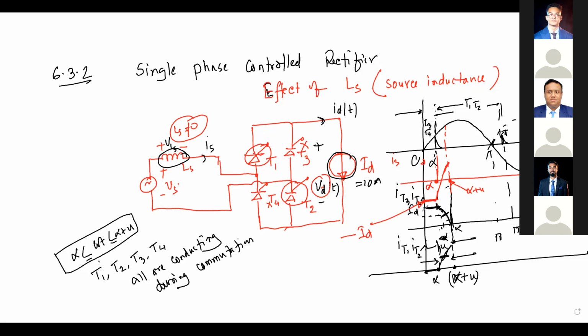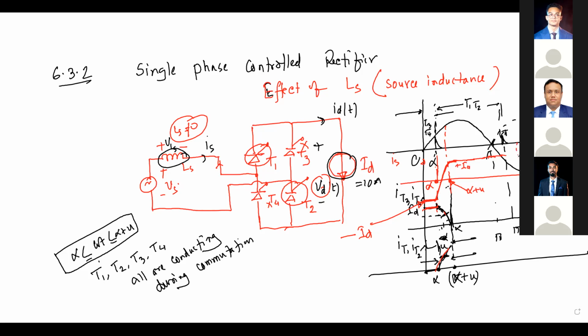Because T3 and T4 are carrying this current, and for the IS it will be negative. And then this current is falling down, this current is building up. And then what will be the peak value of this current? ID plus ID, right?